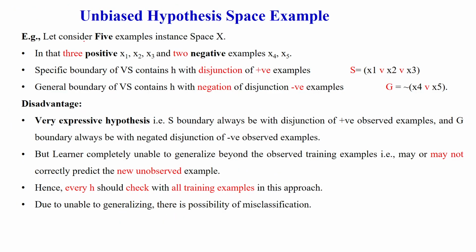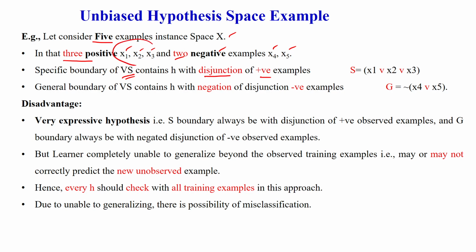Here is another example. Suppose we have 5 examples in the instance space X. 3 give the positive target concept, which are samples x1, x2, x3, and 2 samples give the negative target concept, x4 and x5. Then consider the specific boundary of the version space, which has the hypothesis as the disjunction of positive samples.